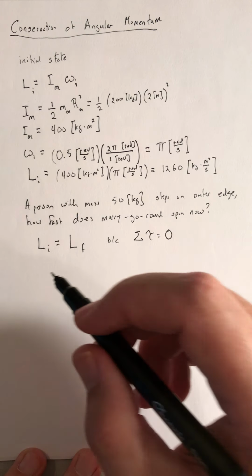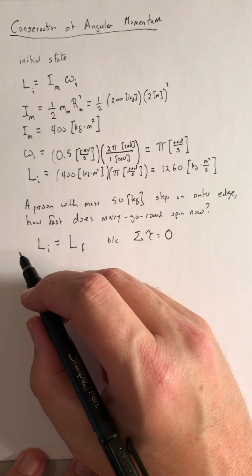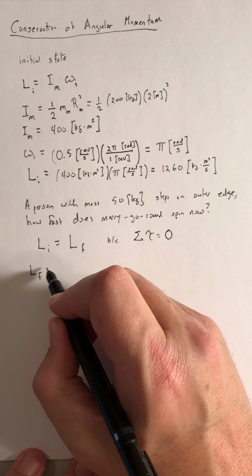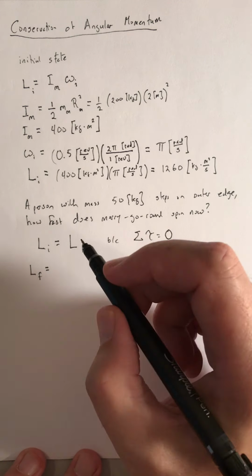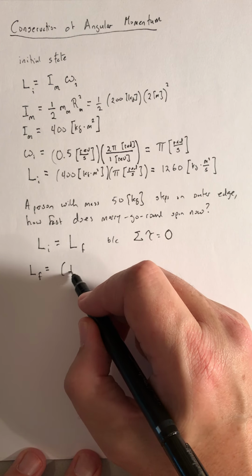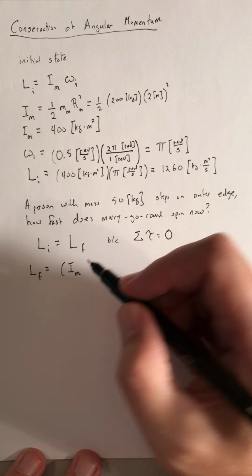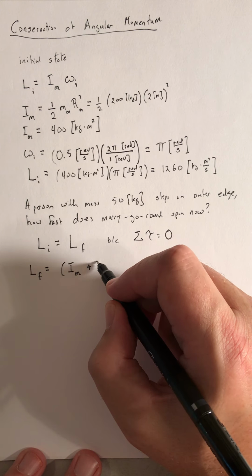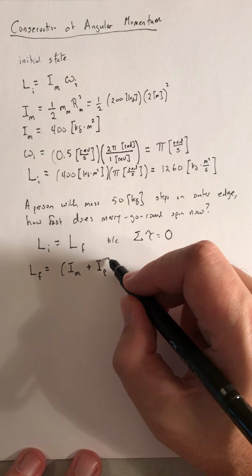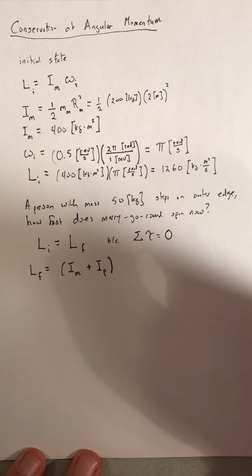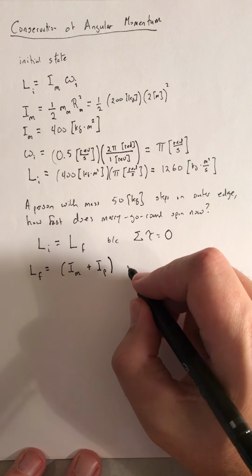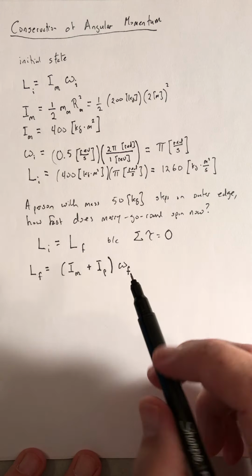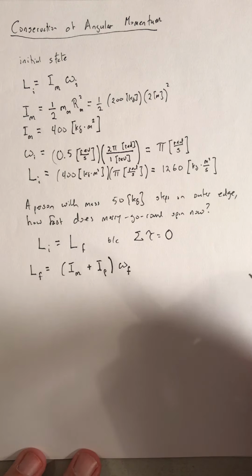So what does that tell us? Looking at the final angular momentum, we're going to have the rotational inertia of the merry-go-round, which hasn't changed, but now the person is rotating along with the merry-go-round, so they'll have a contribution to the rotational inertia, and it has some unknown final angular speed.